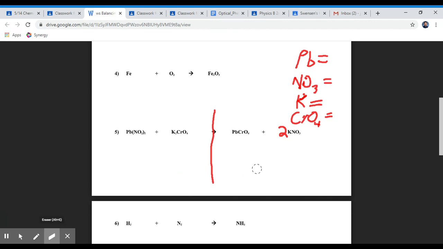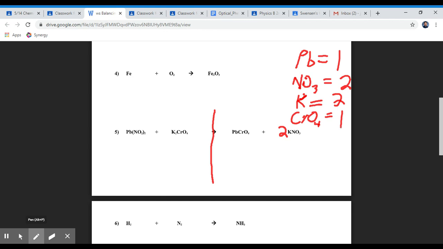But what will happen as you go through this, and I can put these in here, is we ended up with 1 lead, 2 NO3s, 2 potassiums, and 1 CrO4.